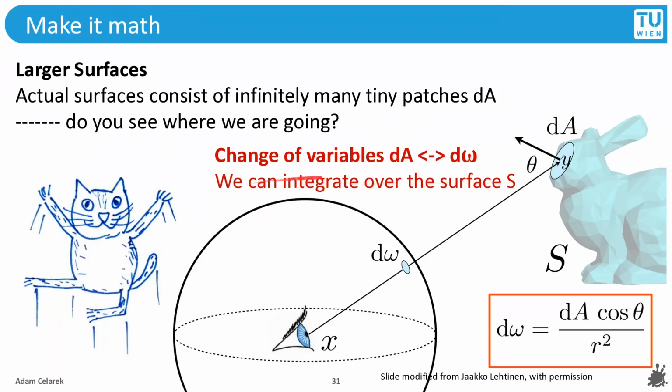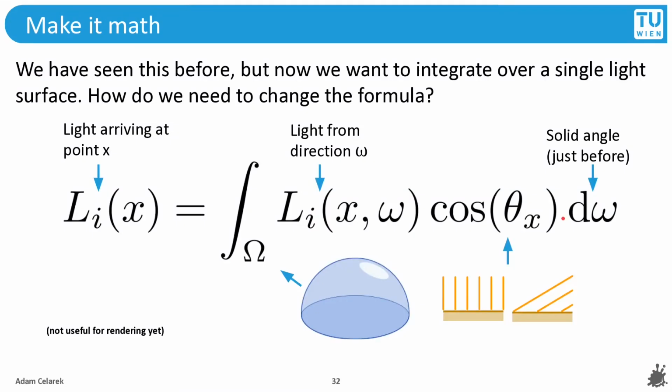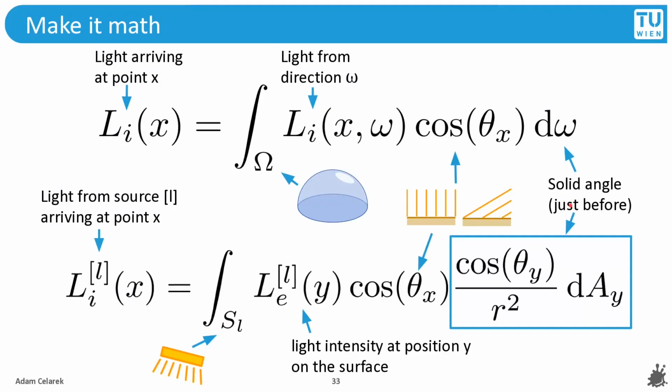We can integrate over the surface of S, so over the light source, instead of integrating over the unit hemisphere. We have seen this integral before, but now we want to integrate over the surface of a light source and not over the hemisphere. These are the changes that we have to apply.